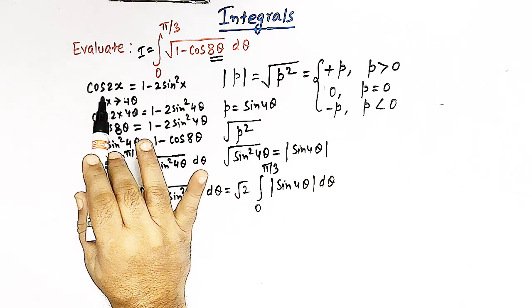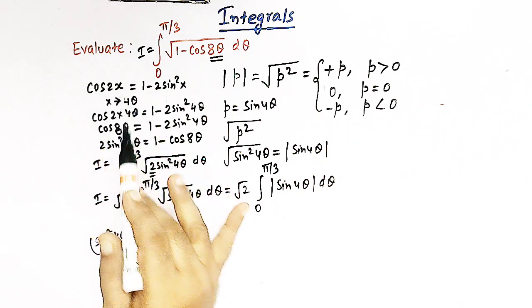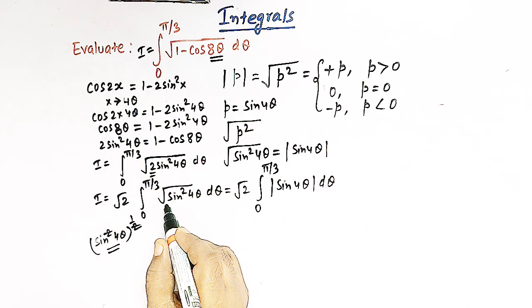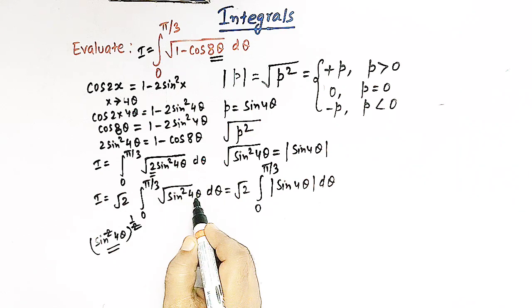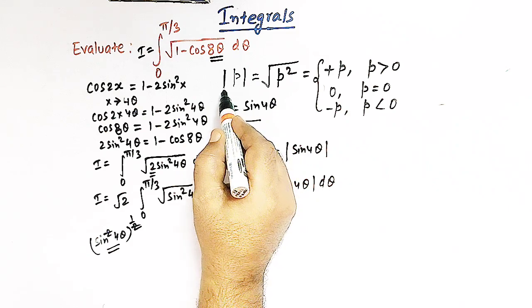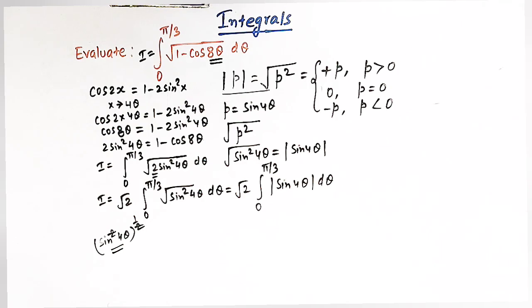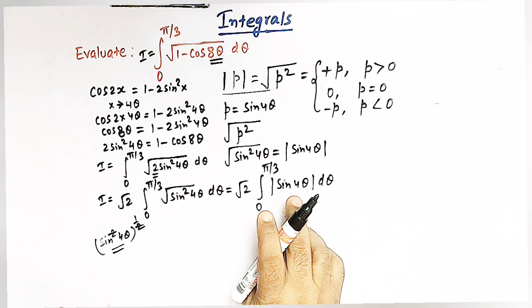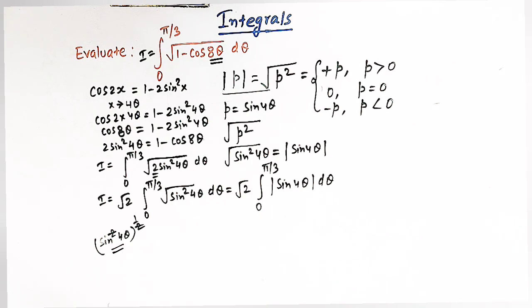So the first step was to make use of the double angle formula for the cosine function. The second step is to express the square root of sine square 4 theta as mod of sine 4 theta, due to the definition of the mod function. Now let us take the third step, where we make use of the method of substitution.